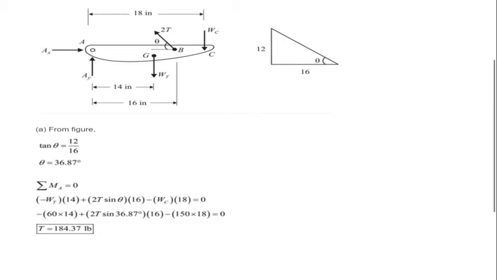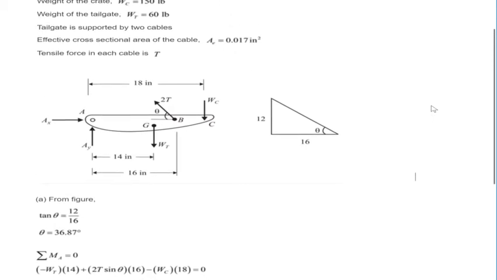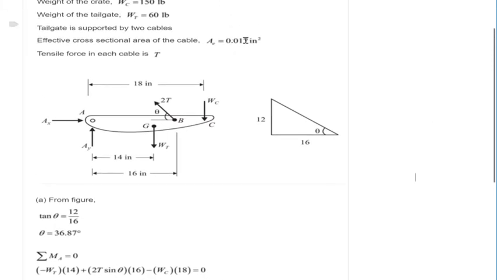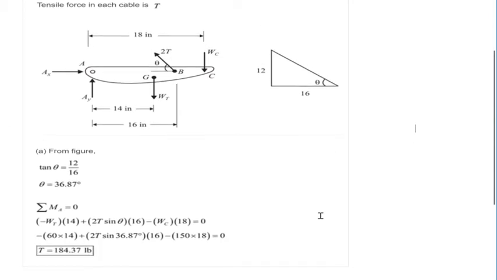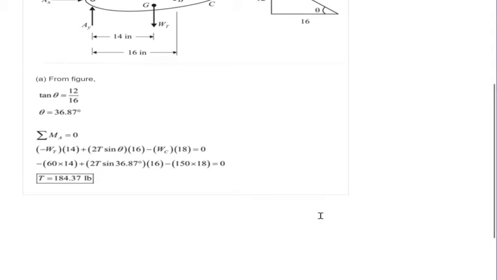Okay, that's good. Now we continue finding the normal stress at each of the cables. We know that the normal stress is the tension divided by the effective area. Okay, we have from this problem that the effective area is 0.017 inches square. So we just need to divide this tension that we just calculated by that area.